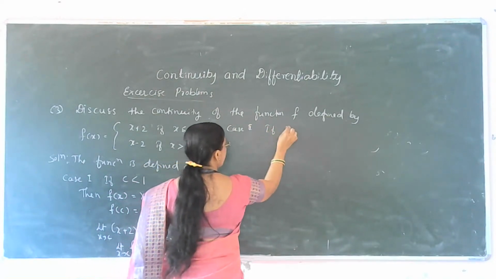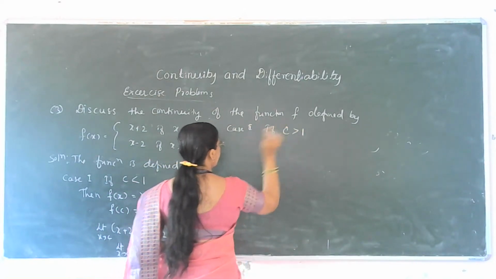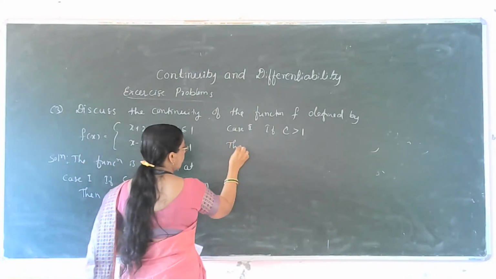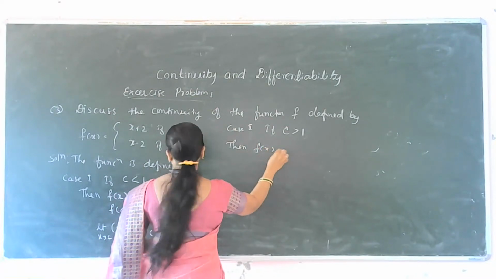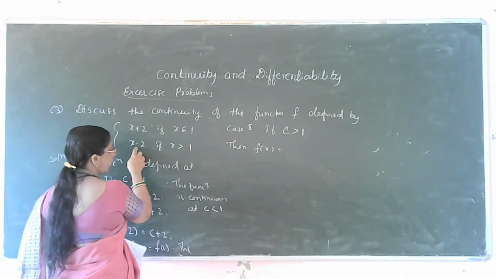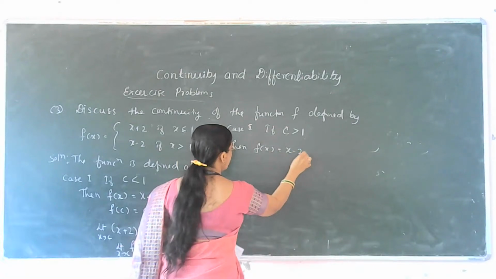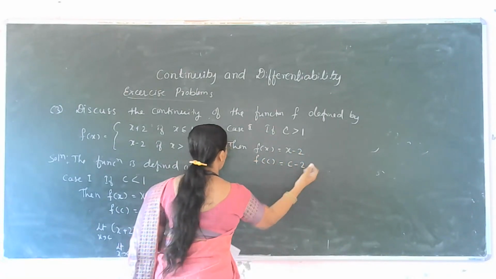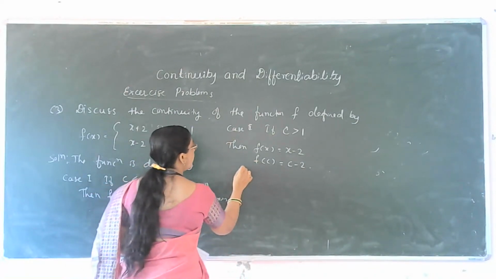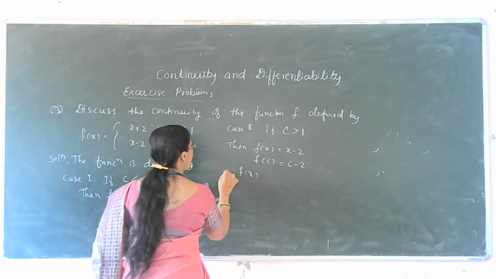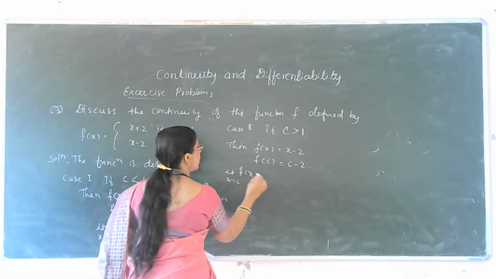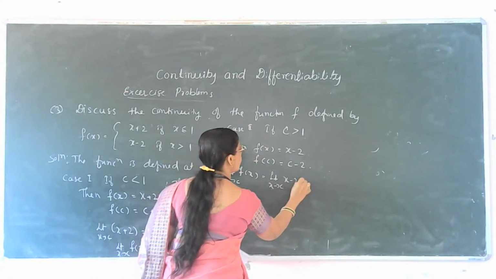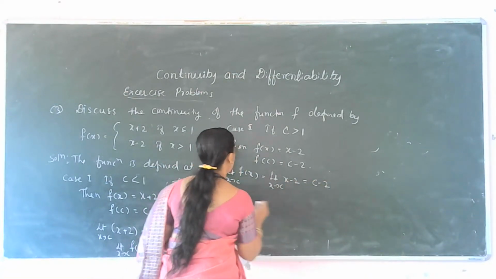If c is greater than 1, then f of x is equal to x minus 2. Then f of c is equal to c minus 2. The limit of f of x as x tends to c is equal to the limit as x tends to c of x minus 2, which is c minus 2.